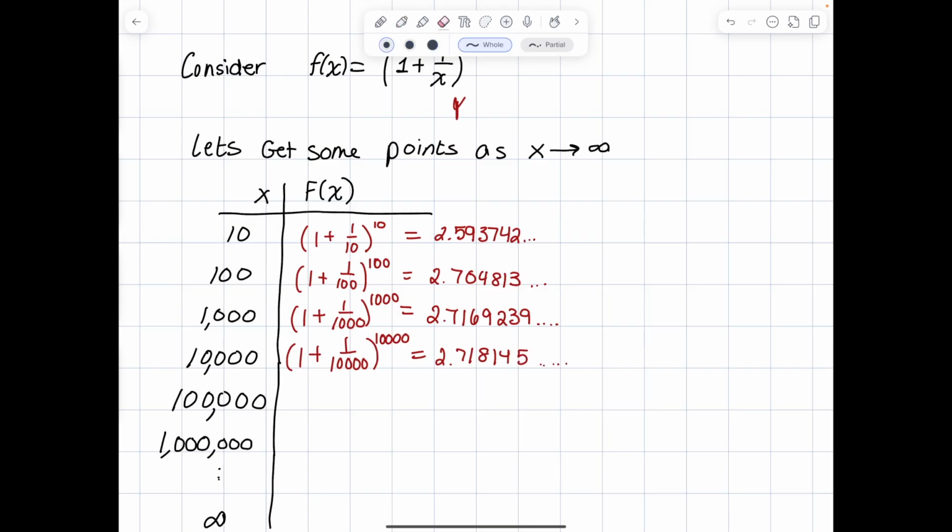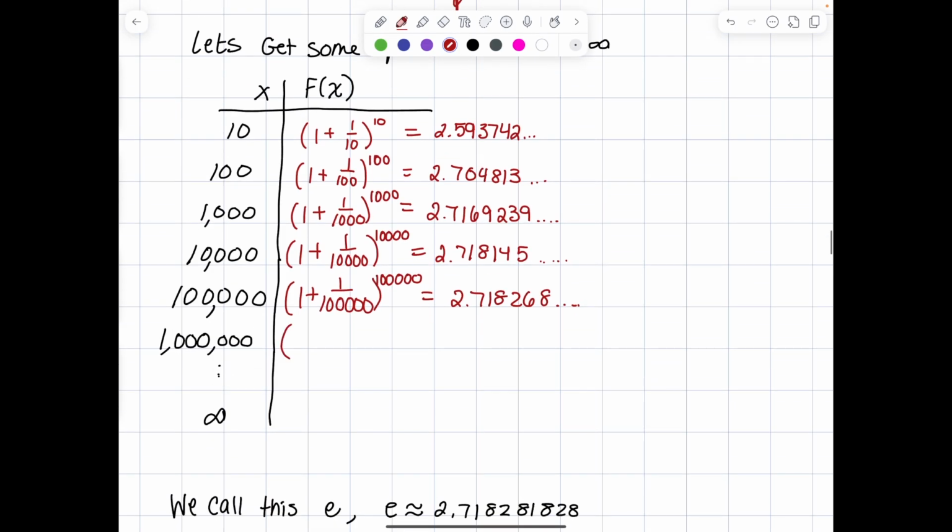Keep going. 1 plus 1 over 100,000 to the 100,000 equals 2.718268 and some more decimals. And let's do 1 million just for fun.